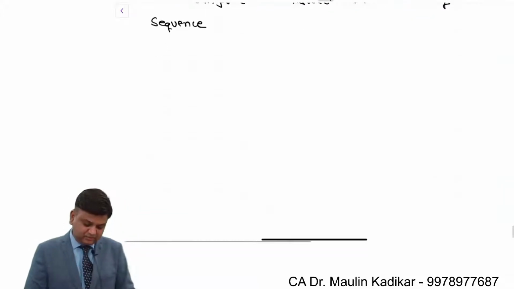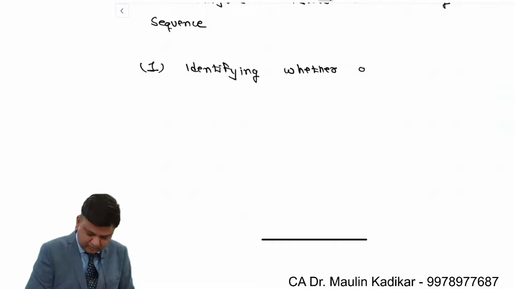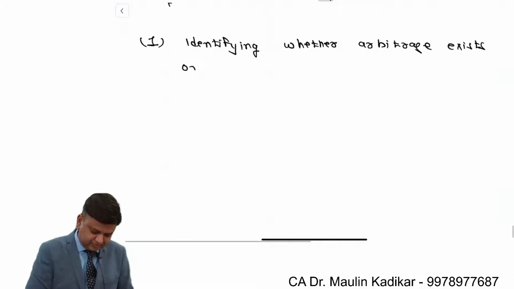In that write down 1. Identifying whether arbitrage exists or not.